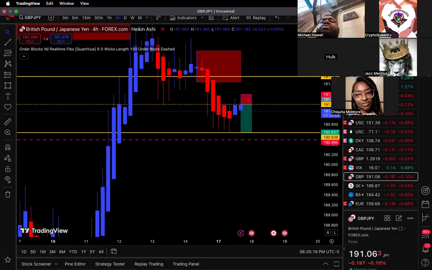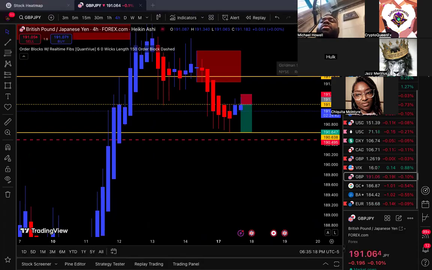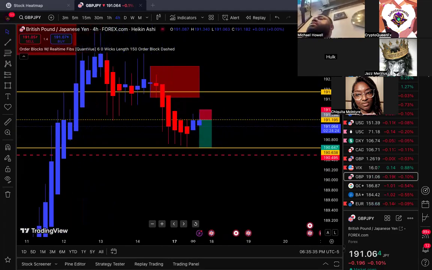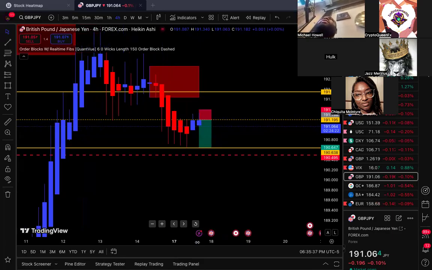So in about 25, 30 minutes, you got Tokyo opening up. And London opens up at 3 a.m. That's when you're gonna see it really dump. It's probably gonna go lower though, because it made this low yesterday. It came down and made a low, and then it made a new low.